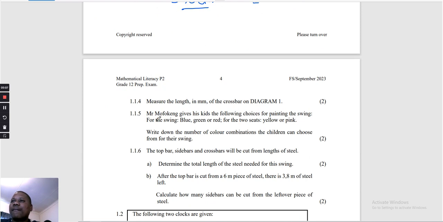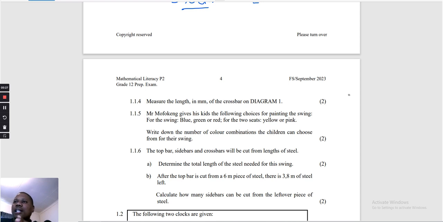Then they say Mr. Mofokeng gives his kids the following choice for painting the swing. For the swing, blue, green, or red. For the two seats, yellow and pink. Write down the number of color combinations the children can choose from.